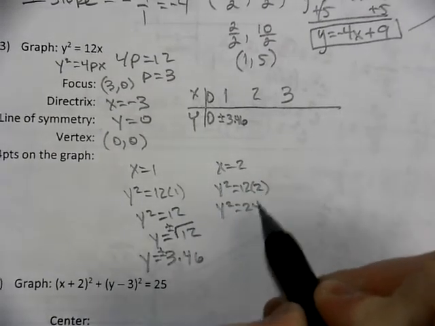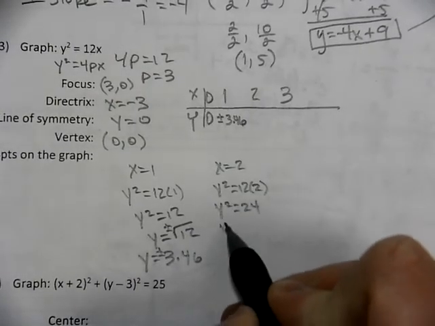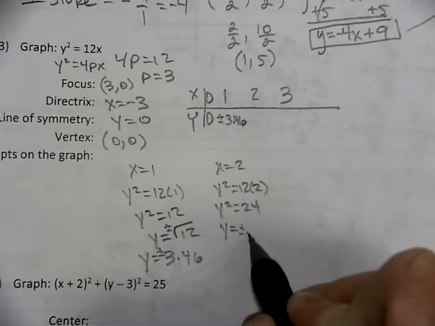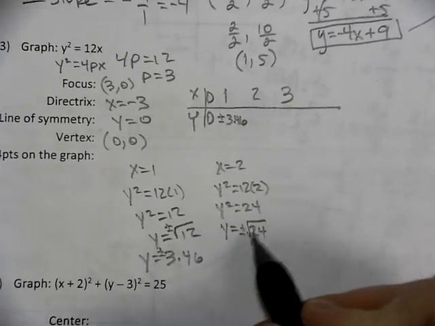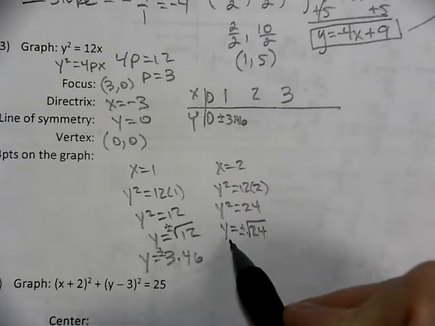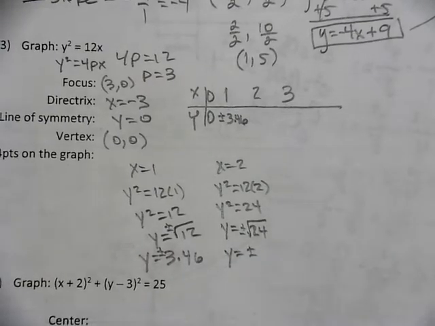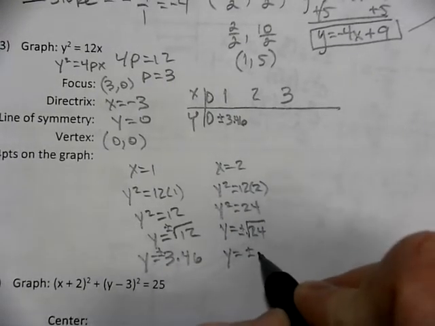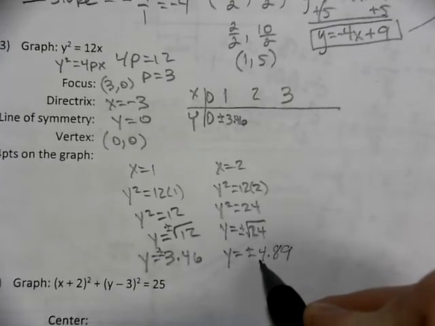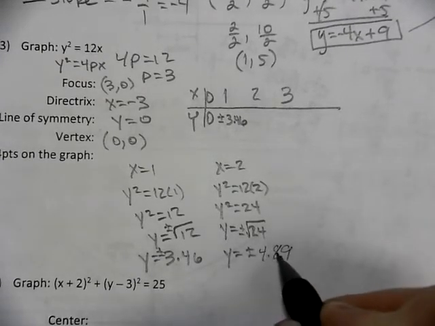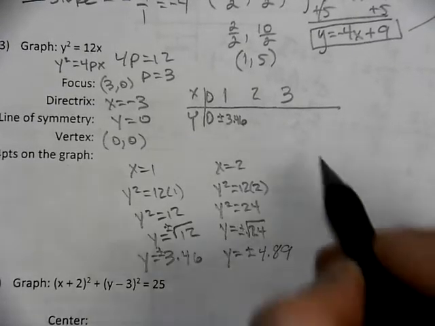Y squared equals 24. When we take the square root of 24, you could simplify that in radical form, but that doesn't necessarily help us with graphing. So we'll put this into a decimal: plus or minus 4.89, or maybe even 4.90 if you round up, but that gives us an idea of where to plot it.